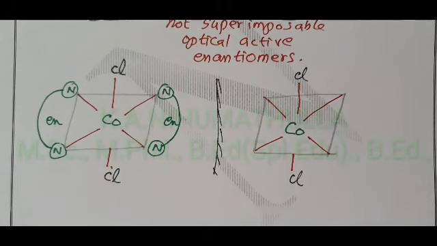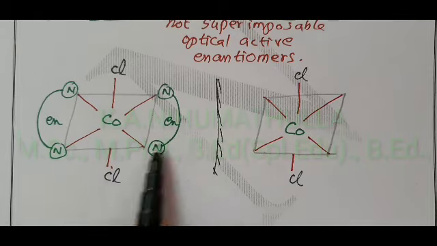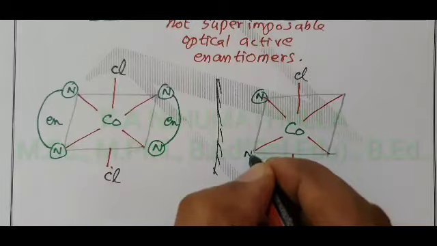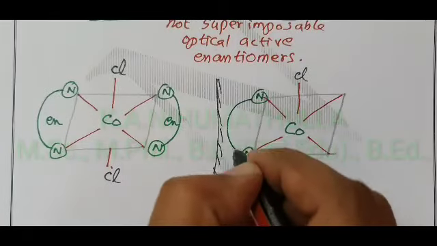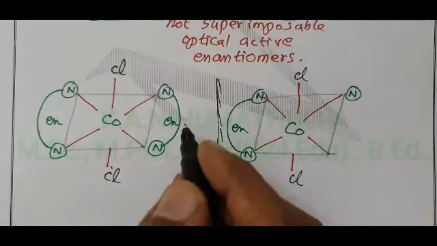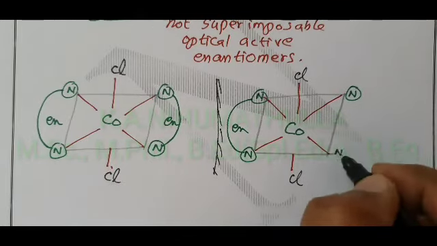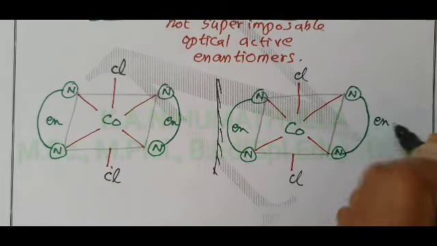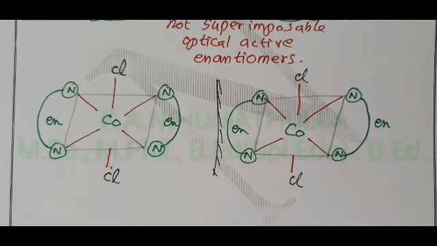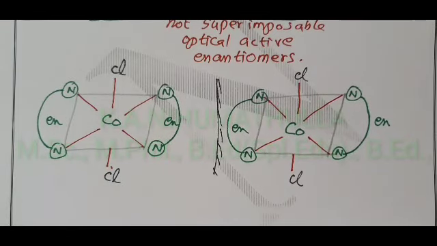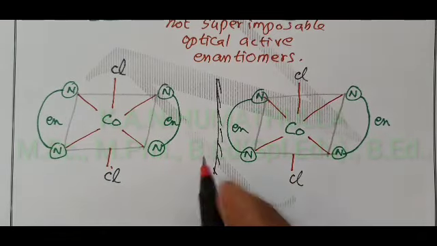The other two ethylene diamines are present in the opposite position. This ethylene diamine is present here, NH2, CH2, CH2, NH2. Another ethylene diamine is present here, NH2, CH2, CH2, NH2.